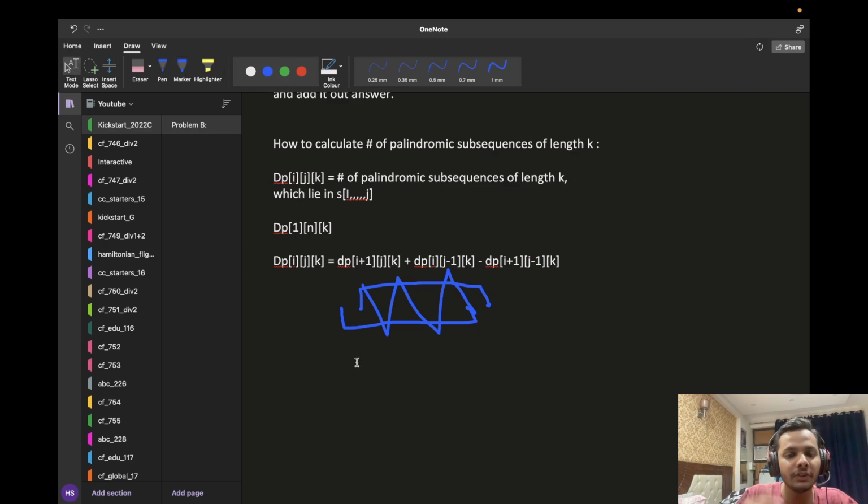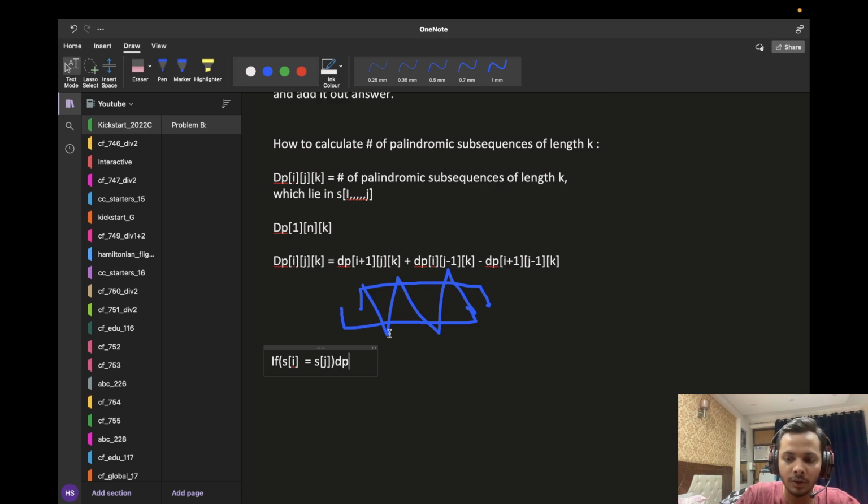Now the only thing which we have missed is what if our subsequence contains both i and j, right? That can only happen if S[i] is equal to S[j]. Then two characters will be taken already, the ith character and the jth character, and we'll be left with k minus 2 characters.